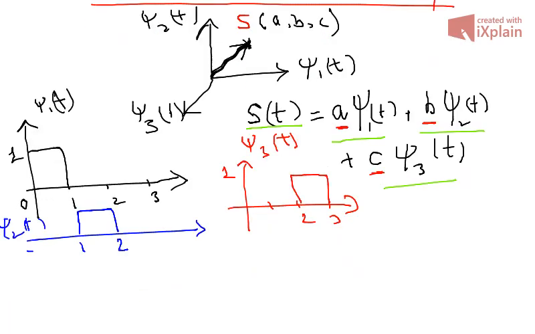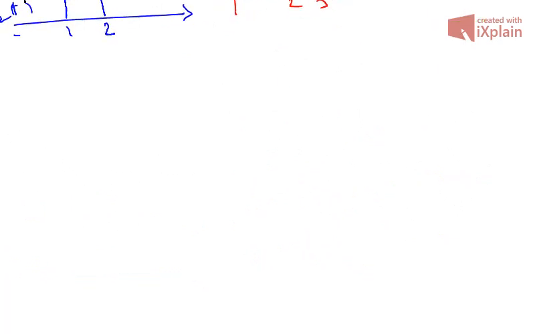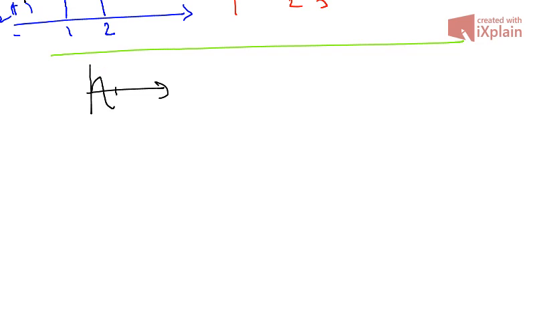Now we are not limited to just three-dimensional space. We can have any number of dimensions. For example, if in the above basis functions, psi 1, psi 2, psi 3, I have another one which is just like this one, from 0 to 1, this can be considered psi 4 of t.